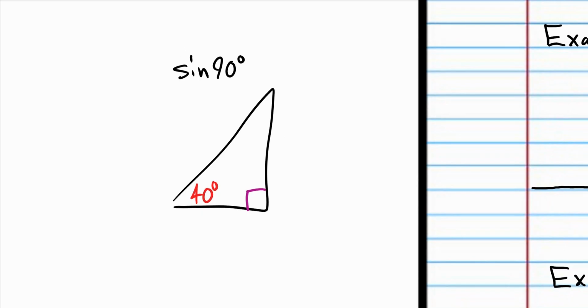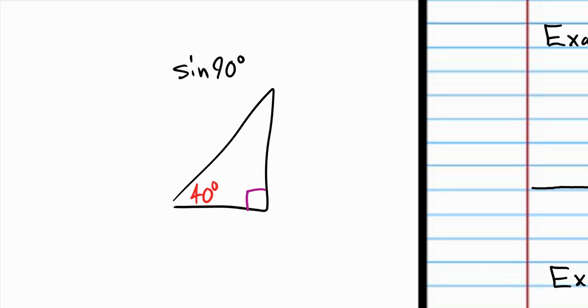And sine is the length of the opposite side of 40 degrees, divided by the hypotenuse. And notice that the yellow side is always going to be smaller than the hypotenuse. So the ratio of the yellow and the green is always going to be less than 1. The hypotenuse is always going to be bigger.